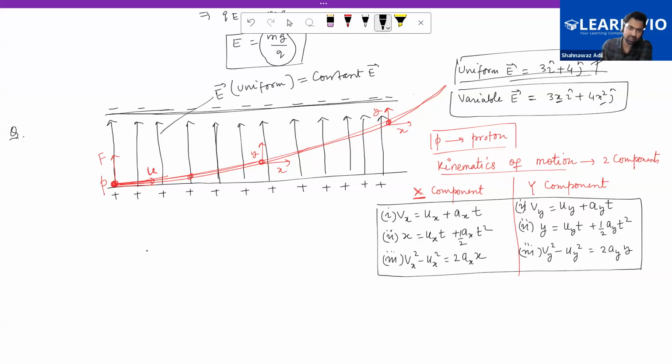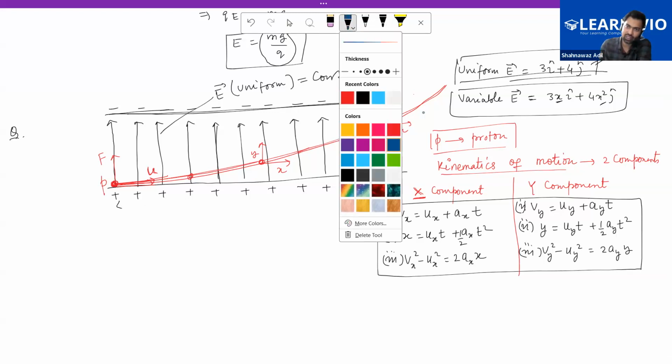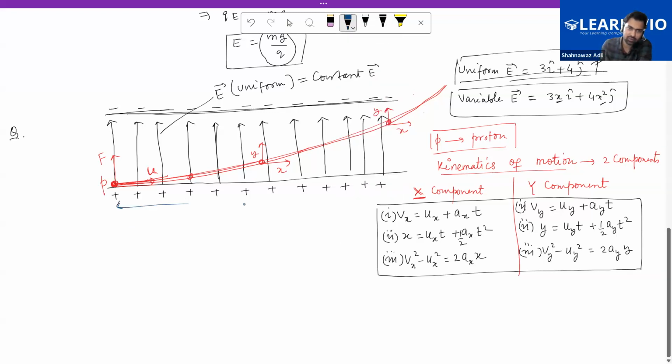Okay, so if these things are clear, then let us write the initial conditions. We know that this distance is the length of this tube, which is L. This is the length of this tunnel, whatever it is, tunnel or tube.